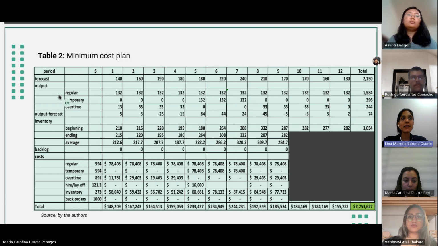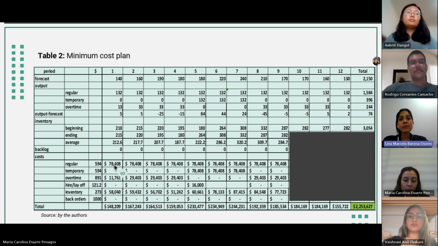This means the regular, temporary, and overtime that we should use to complete the production. Here we can see all the prices for each category. I mean, regular, temporary, overtime, and hire and layoff. Here we have the price also for the inventory.